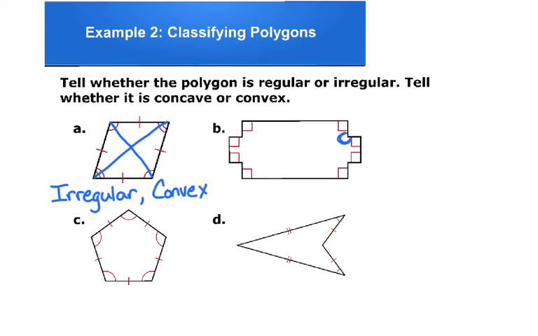That is not a right angle. And for a polygon to be equal angular, all the interior angles have to be congruent to each other. So this is neither equal angular nor equilateral. So therefore, it is definitely not regular. It is irregular.